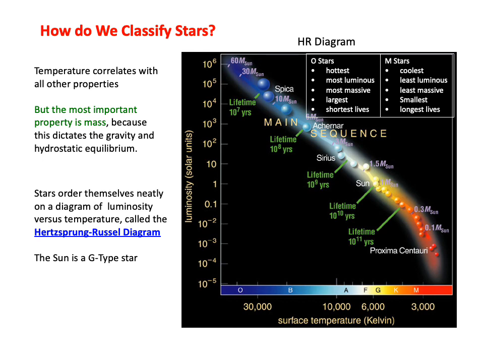So we go 10, 100, that's 10 to the 2, then 10 to the 3 is 1,000, 10 to the 4 is 10,000, 10 to the 5, 100,000, and 10 to the 6 is a million. And so you see here that the biggest O stars have luminosities that are, wait for it, 1,000,000 times more than the sun.